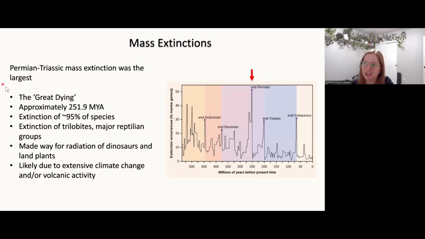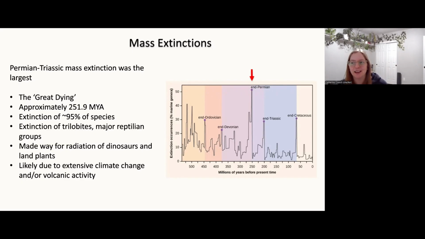So the largest mass extinction was the Permian-Triassic. It's the one that changed from Permian to the Triassic era. So it's also called the End Permian. It's this one. Note how high it is on the graph compared to the other mass extinctions. It's often referred to as the Great Dying, and that was approximately 251.9 million years ago.